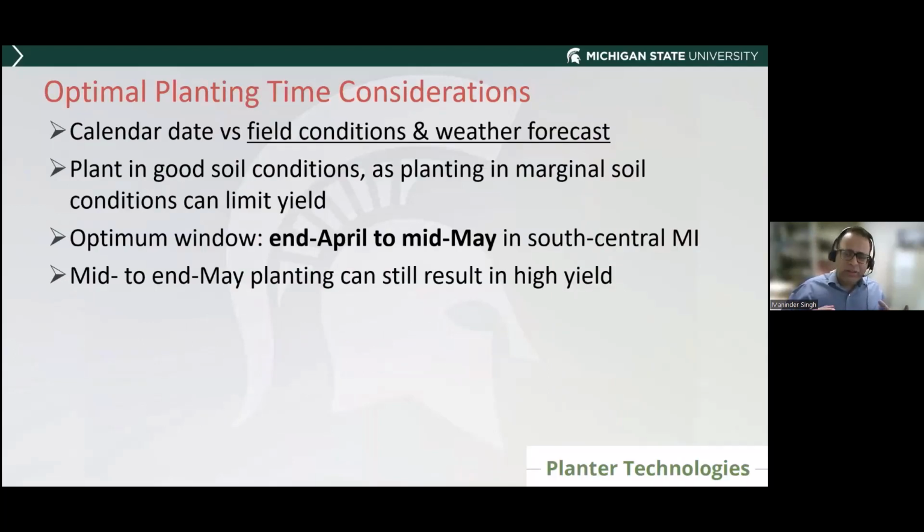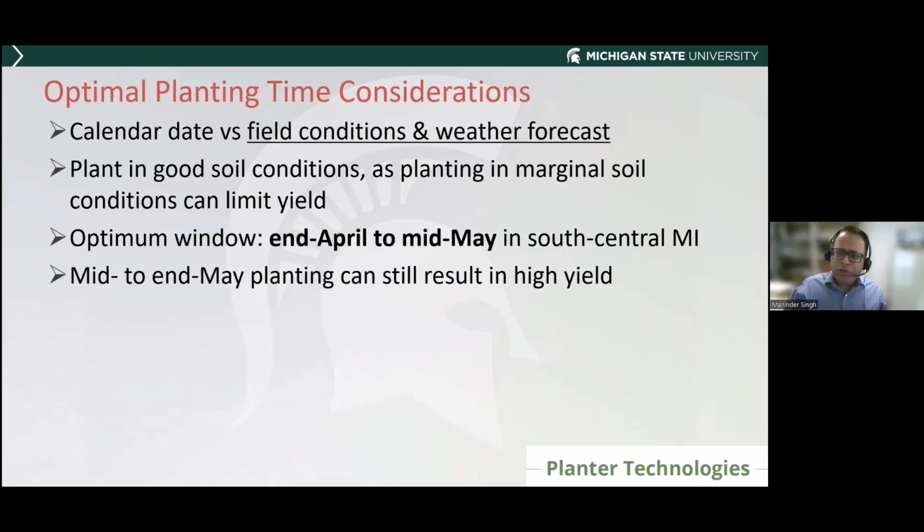So again, thinking about the optimal planting window, my take home here is that we have to be thinking about field conditions and weather forecast and not think too much about the calendar, that it's that time of the year and we need to start planting, right? Last week was probably a good example, and we had really good conditions, but now the weather has turned a little bit downward. So we have to be careful.